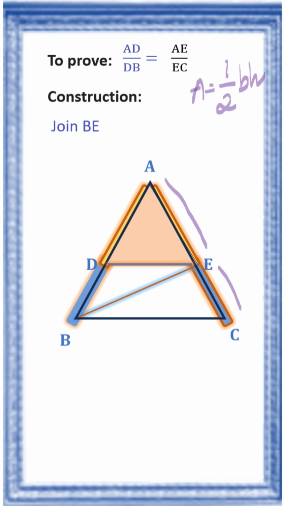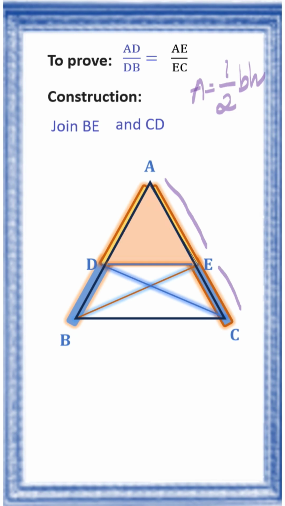With the base DE and EC, DE and EC should be the two sides of the triangle. So this triangle is CDE. So now join the points C and D.